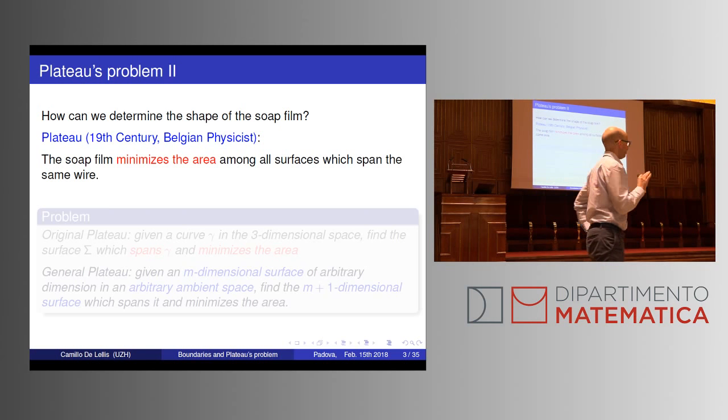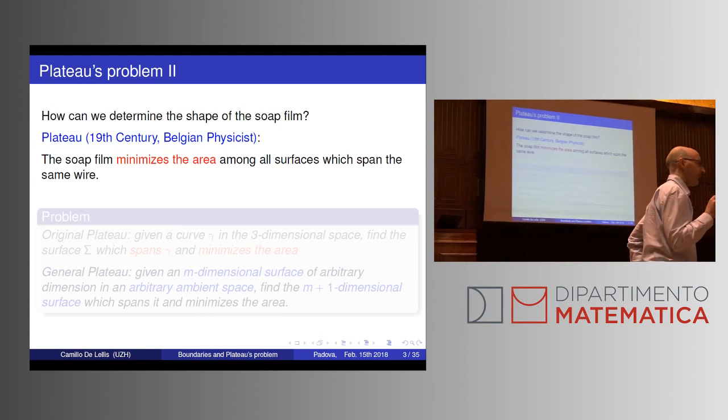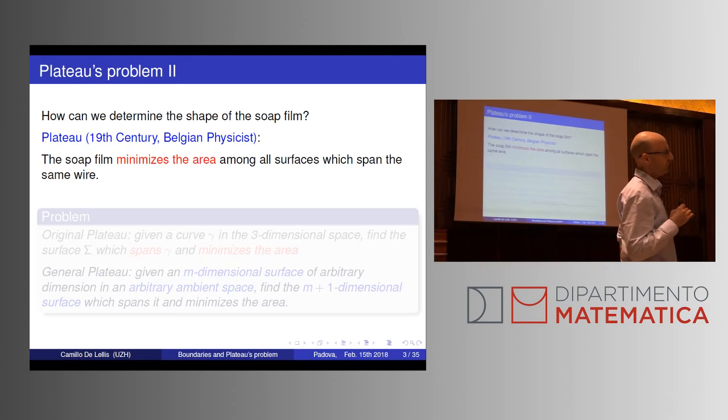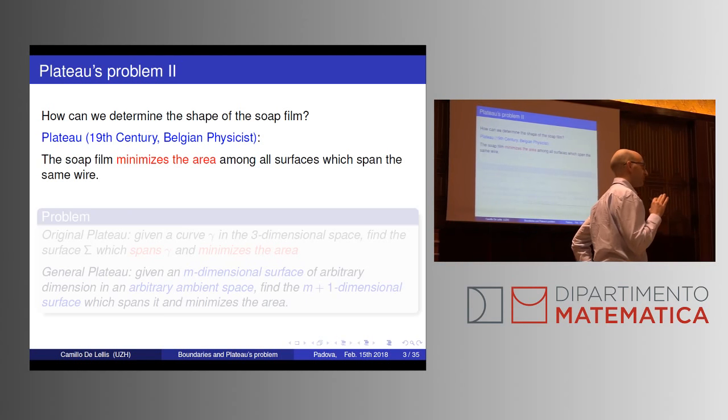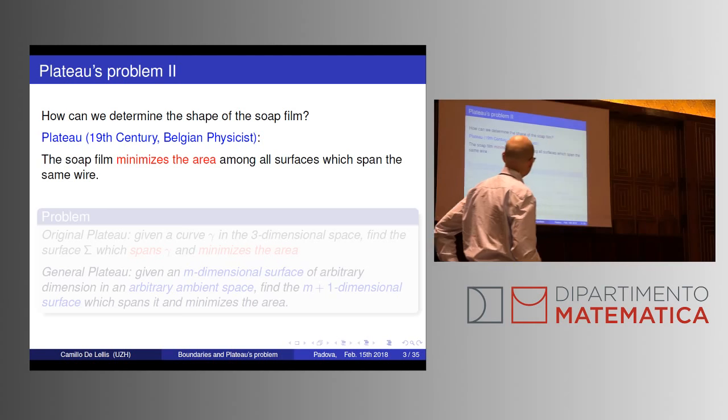If you want to be a little bit more precise, that is a local minimizer, not a global minimizer. That is what the physical principle tells you. If you want to be even more precise, it's a stable critical point of the area functional. That is for the experts and maybe for the physicists in the audience.